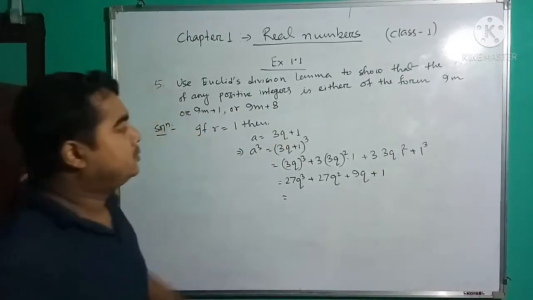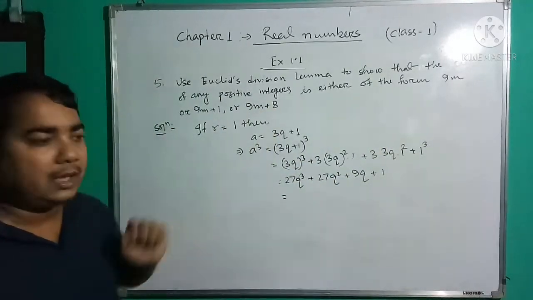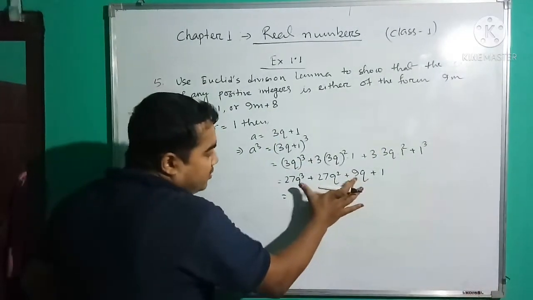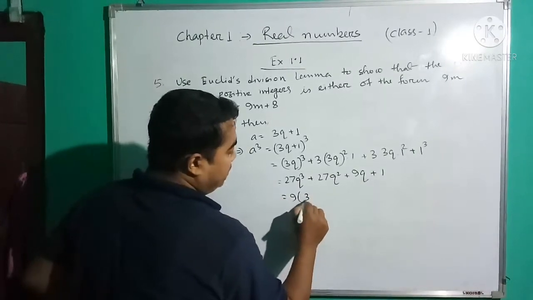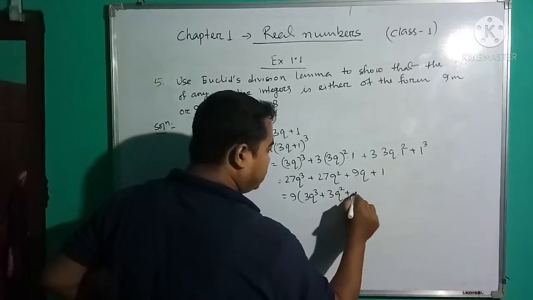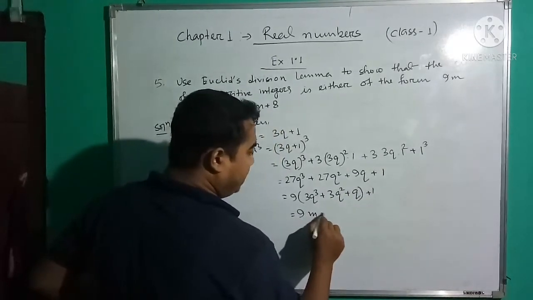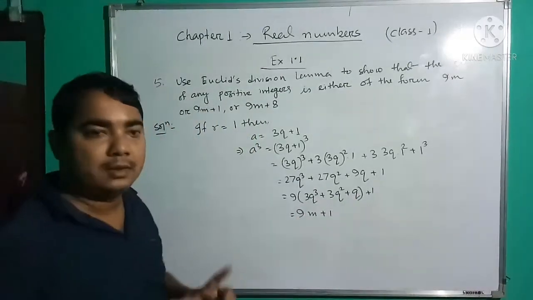Let's see the forms. 9m plus 1 or 9m plus 8. So from the first 3 terms take 9 common. Then 3q cube, 9 threes are 27, q plus 1. Then 9 bracket, meaning the bracket part is always m.